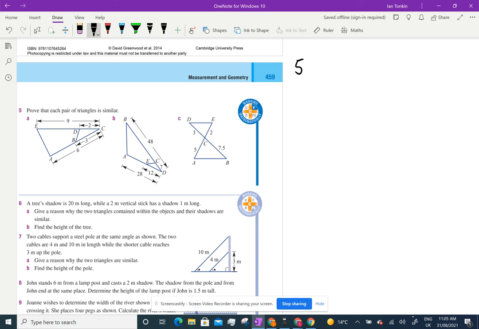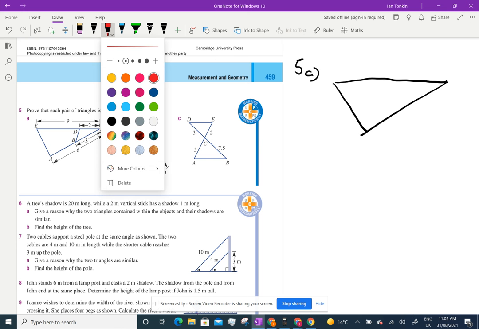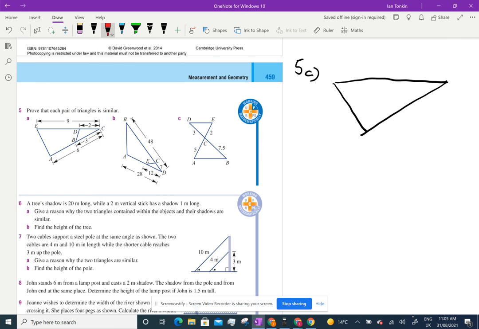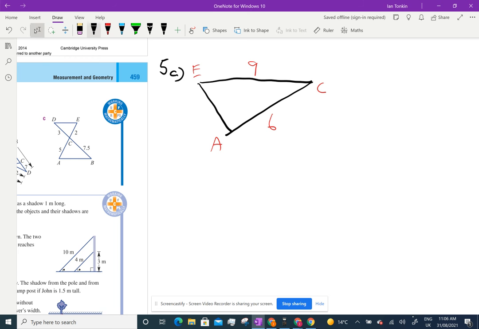5A. And this is a hard one. So again, I'm going to draw the big triangle. I'm going to label it A, C, E. And that's 9. And that's 6. Now I'm going to draw the little triangle.